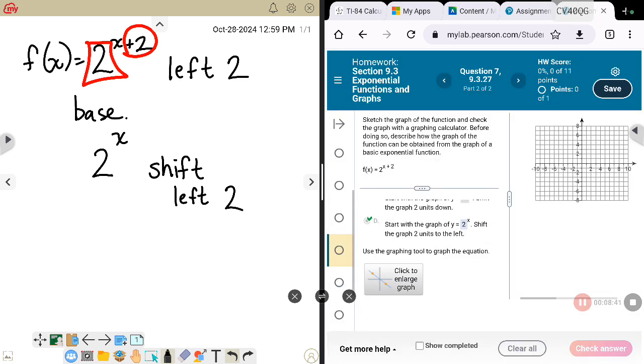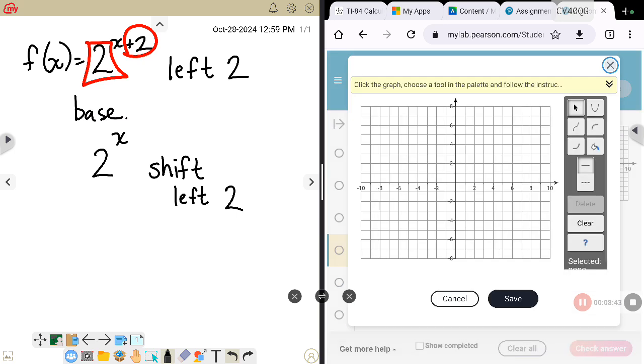Now we are going to graph this. Just like the other section that we covered on the shifting rules, the first thing you're going to do is choose the shape. So I am going to come over here on the left in my toolbox and choose that exponential shape, and I can click anywhere on the graph.